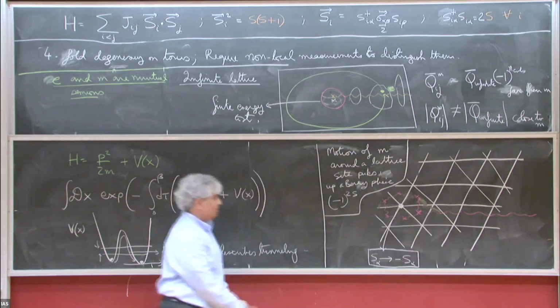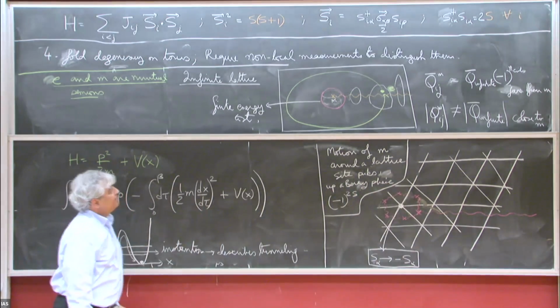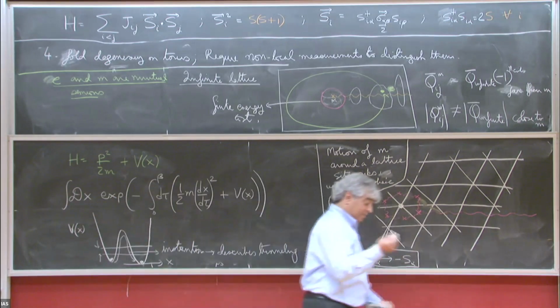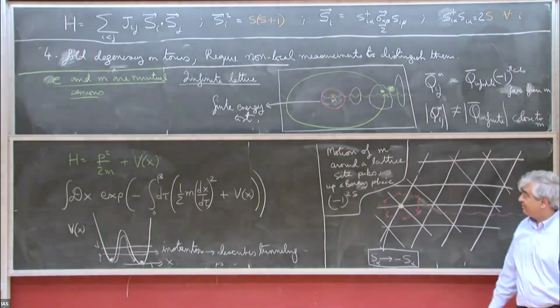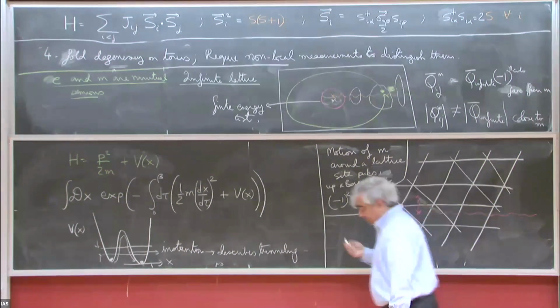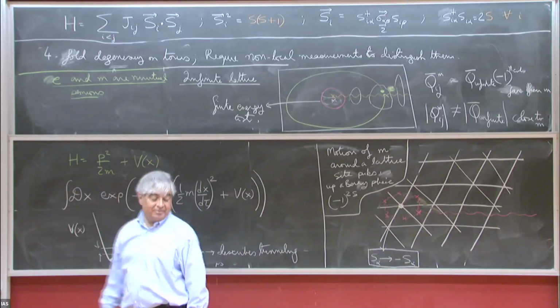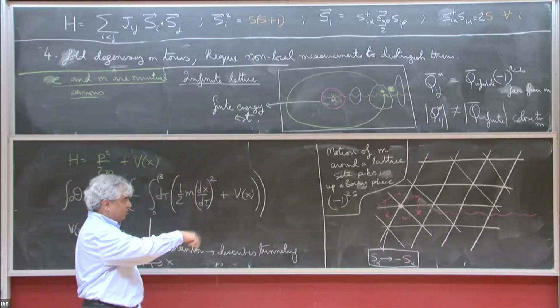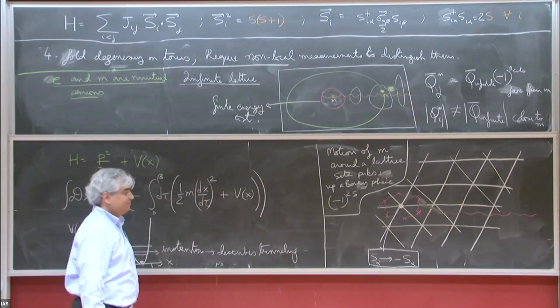Because for each S boson, I pick up a factor of -1, and therefore there's a Berry phase where this M particle picks up a -1 as it tunnels around in the closed loop.